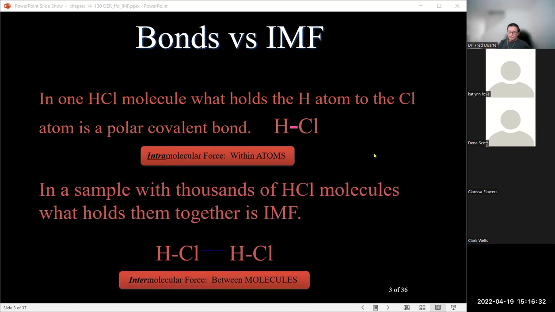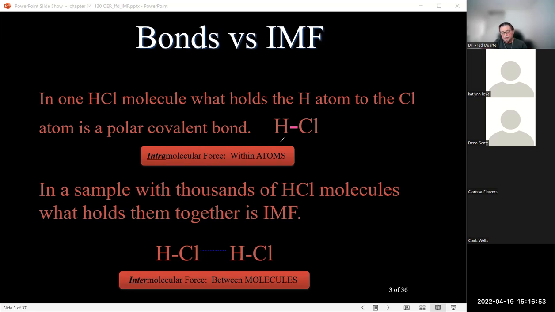So this is just a rehash of what I just talked about. In this example, we have HCl, okay, which we see as the example of the AB, two different atoms on the molecule, meaning you have a polar bond.